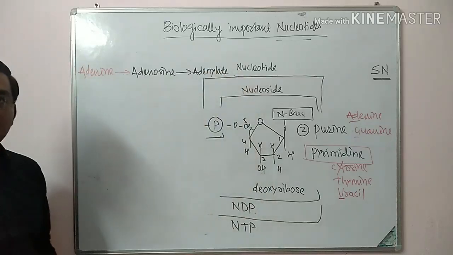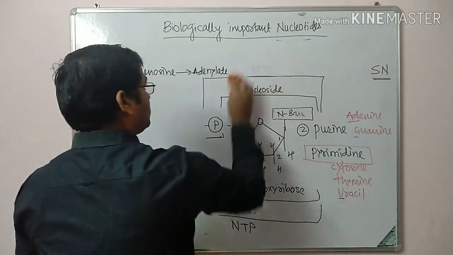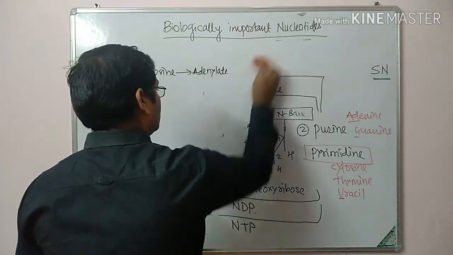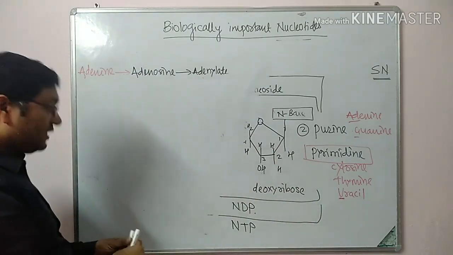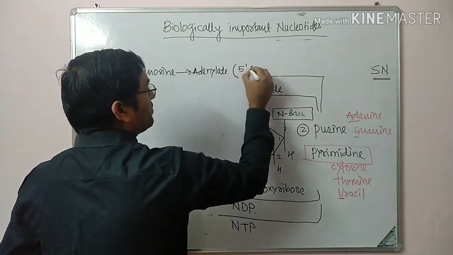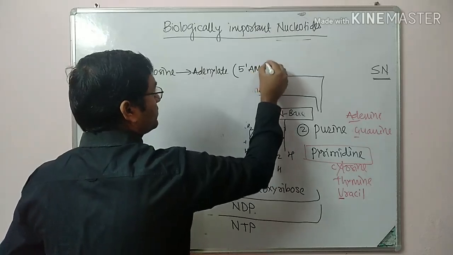Adenine, adenosine, adenylate. This adenylate is also known as 5' AMP, adenosine monophosphate.